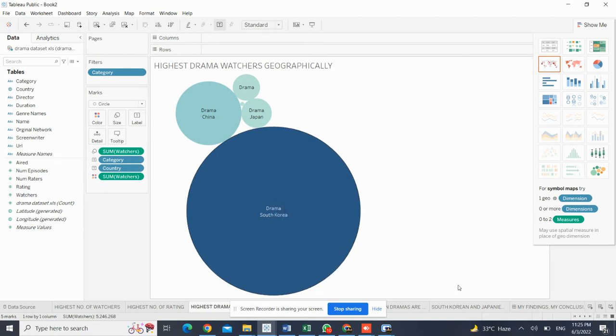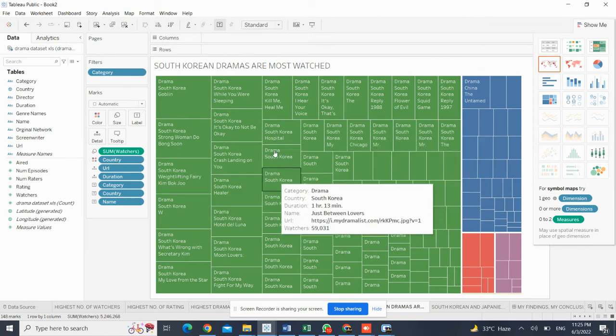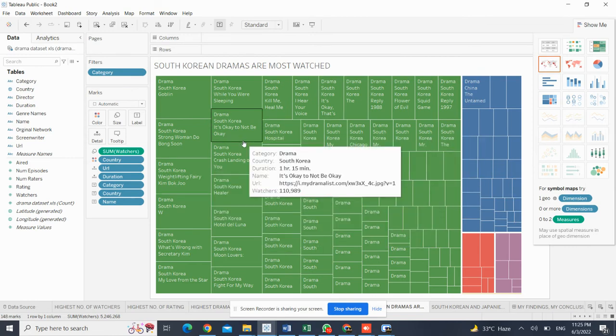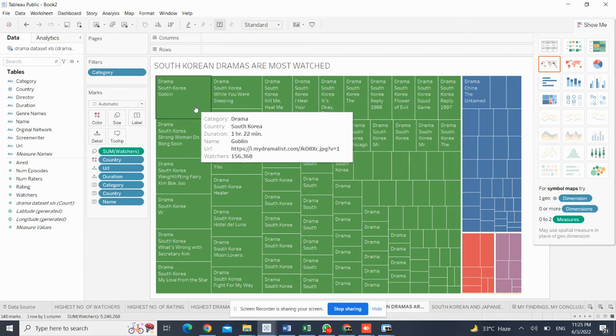And I did the same with the movies, and then I tried to prove it through the dramas with other details of each drama. For example, the most watched South Korean drama is Goblin, and I have mentioned its duration, its country name, the number of watchers, as well as the URL.